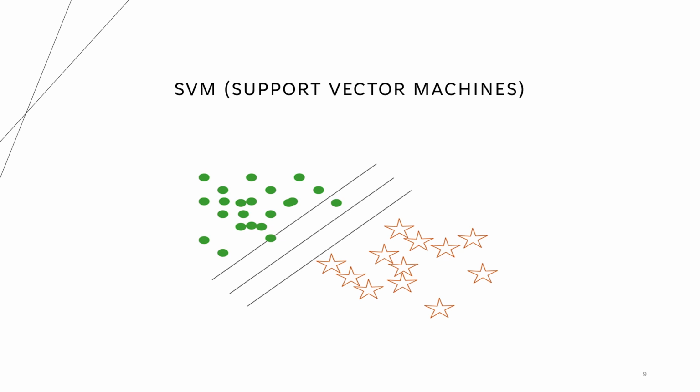SVMs are particularly useful in spam email detection because they are capable of handling high-dimensional data and can handle non-linear decision boundaries. They can also handle imbalanced datasets where one class may be much smaller than the other.